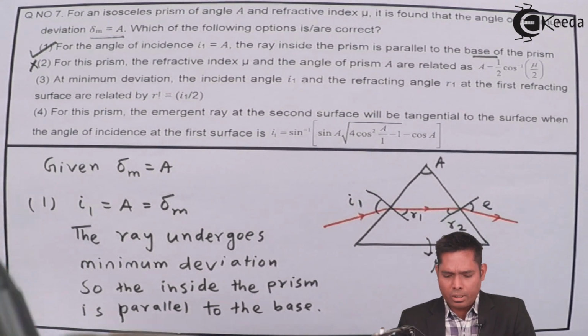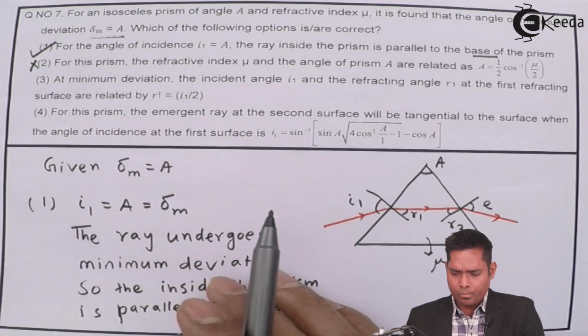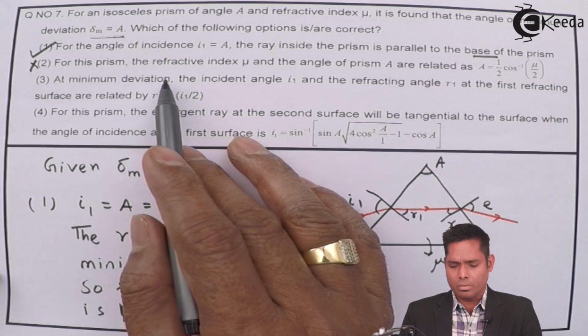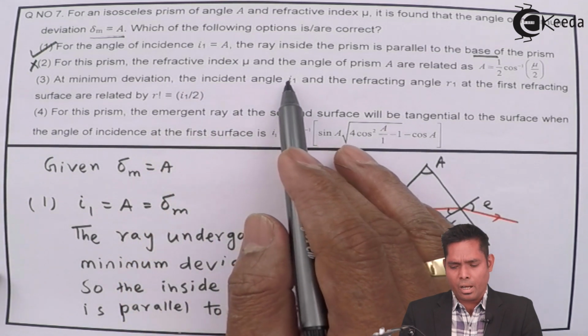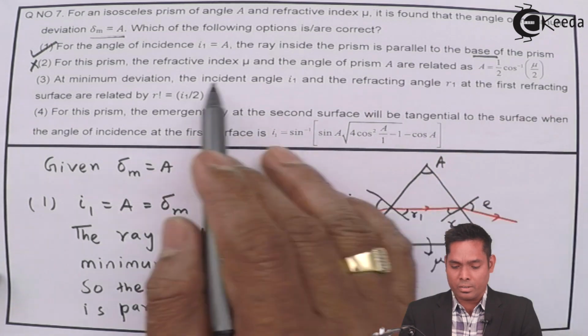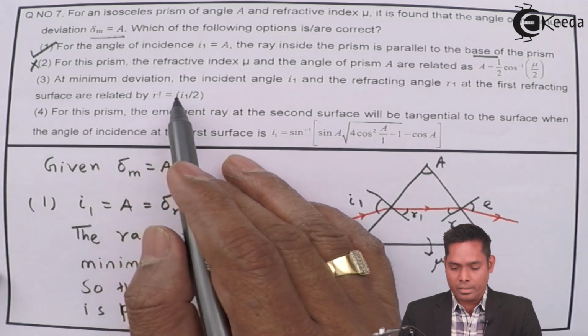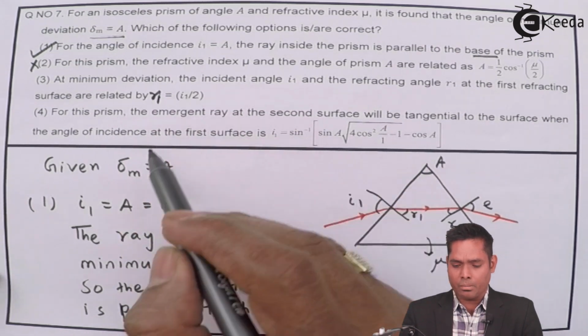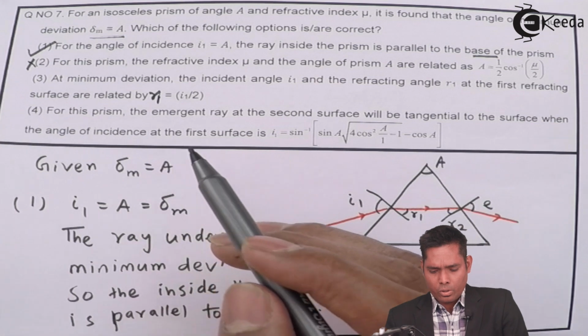Now let us check option number 3. It says that at minimum deviation, the angle of incidence I1 and the refracting angle R1 at the first refracting surface are related such that R1 is I1 by 2. So what is the question?